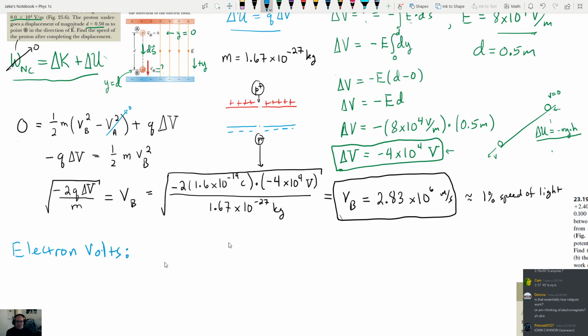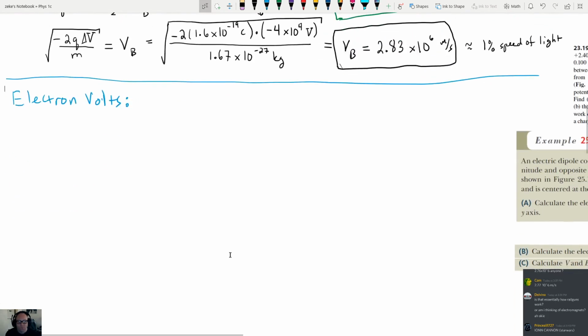It says that the change of potential energy for a particle that passes through a potential gap of delta V is equal to Q times delta V. So what we can do is set up a type of energy where we take the charge of an electron, and we multiply that by the unit of this, which is a volt, and we get an electron volt.